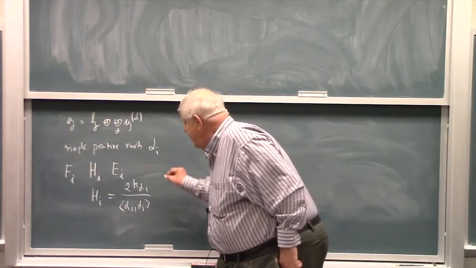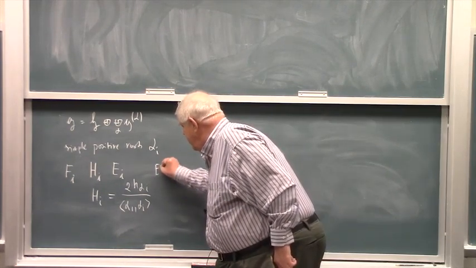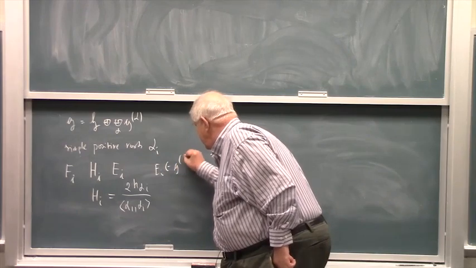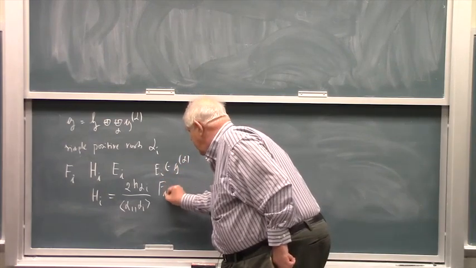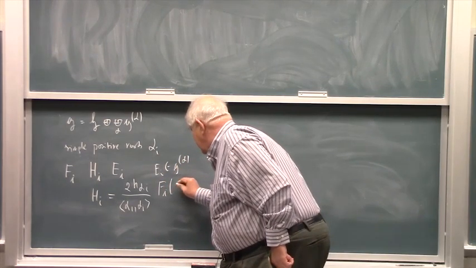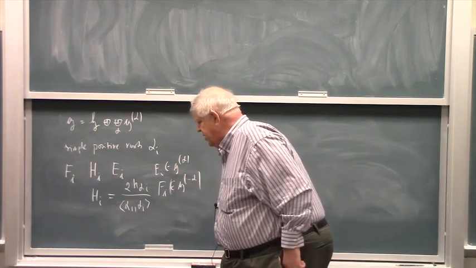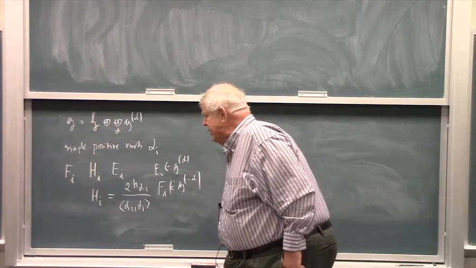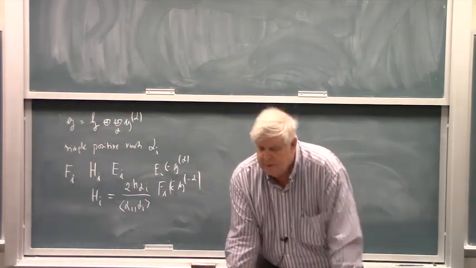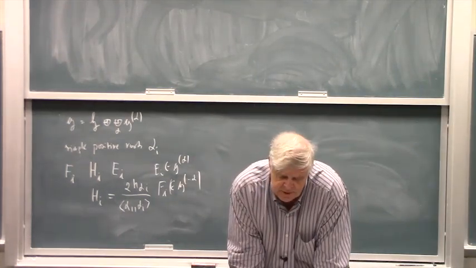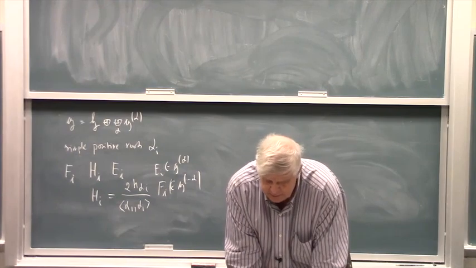And EI and FI belong to G alpha and G negative alpha. And these three elements of the Lie algebra form a subalgebra of G, which is SL2.